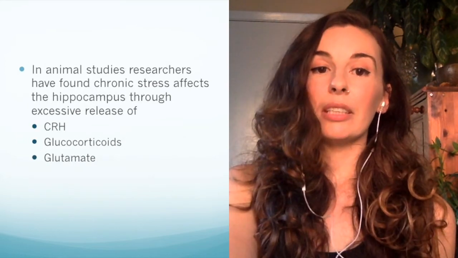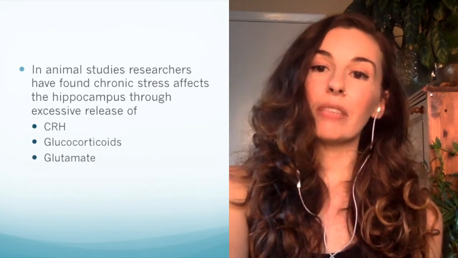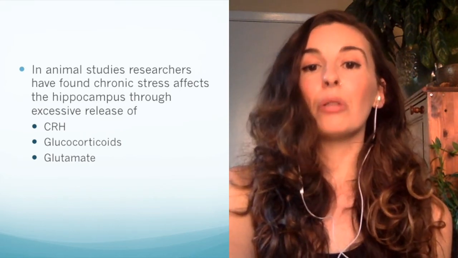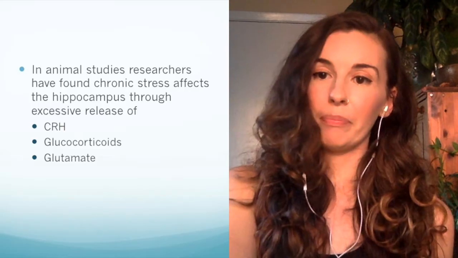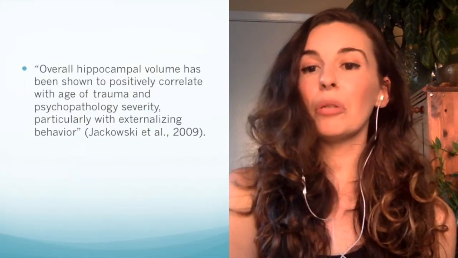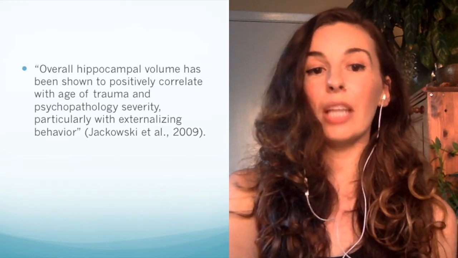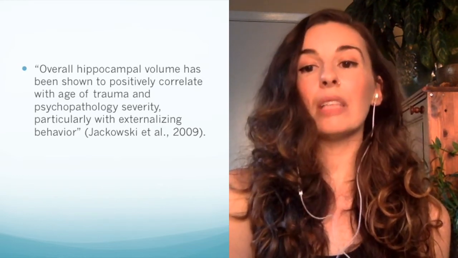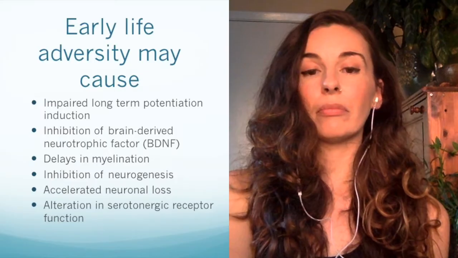In animal studies, researchers have found chronic stress affects the hippocampus through excessive release of CRH, glucocorticoids, and glutamate. Additionally, overall hippocampal volume has been shown to positively correlate with age of trauma and psychopathology severity, particularly in externalizing behavior.